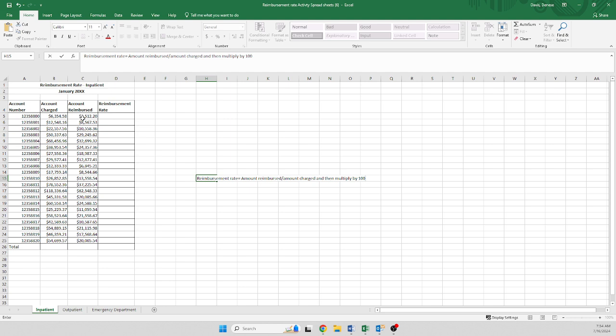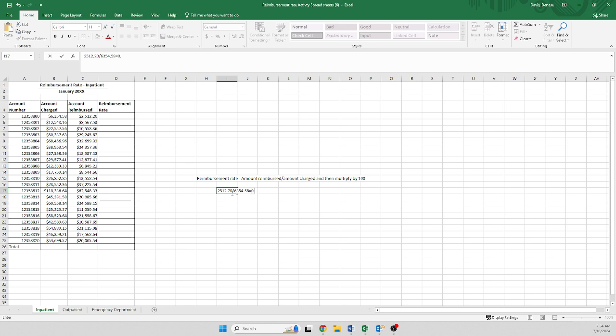So let's look at this first one here. So the amount that was reimbursed, I'm going to put 2512.20, and we're going to divide that by 6354.58. And that equals, so let me grab my calculator, 2512.20 divided by 6354.58.